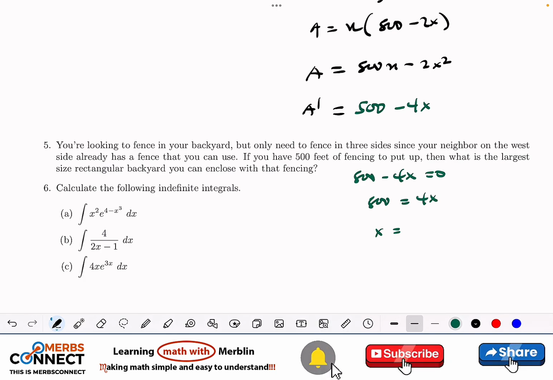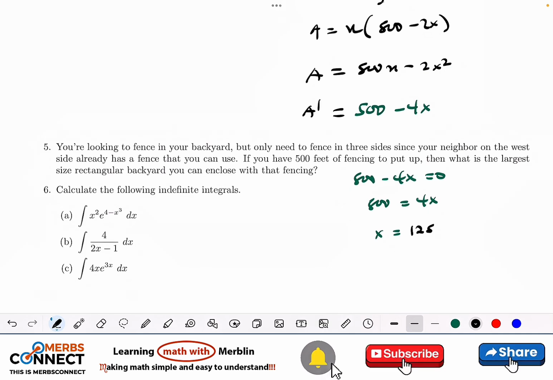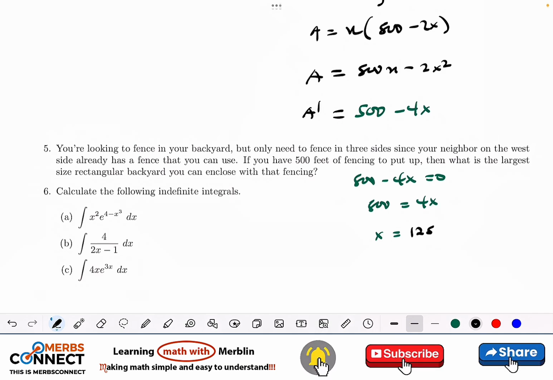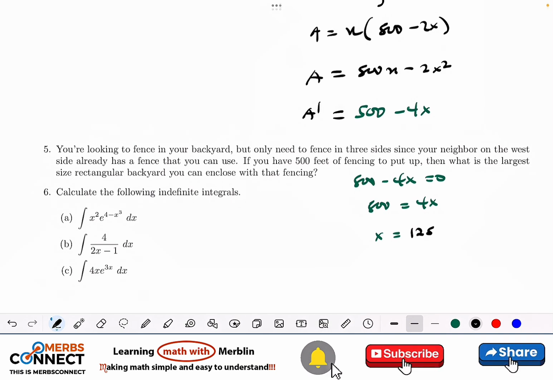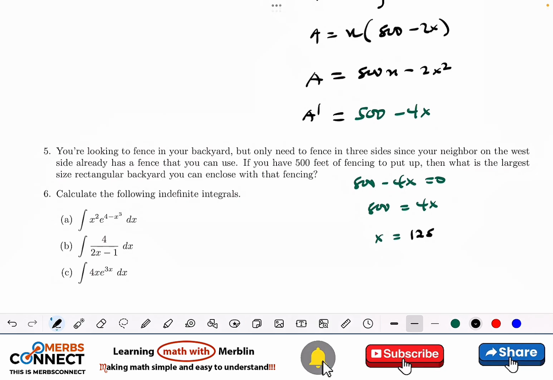So what are we going to get? 125. Is that right? Yes, of course. So our x is going to be 125, because when I multiply this one by 4, I'm going to get 500. So that is x.